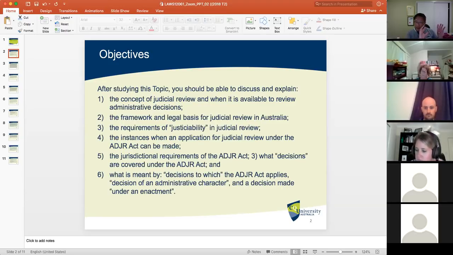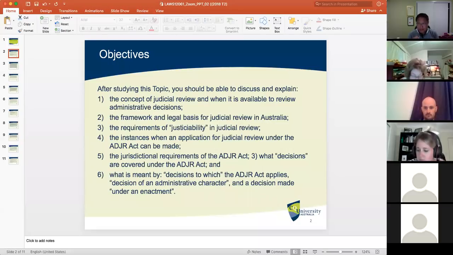Now, the problem, however, as you will see, is that if you rely on Section 75(5) of the Constitution, or you rely on Section 39B of the Judiciary Act of 1903 Commonwealth, the remedies are restricted only to the writs of mandamus, the writs of prohibition, or the writs of injunction.